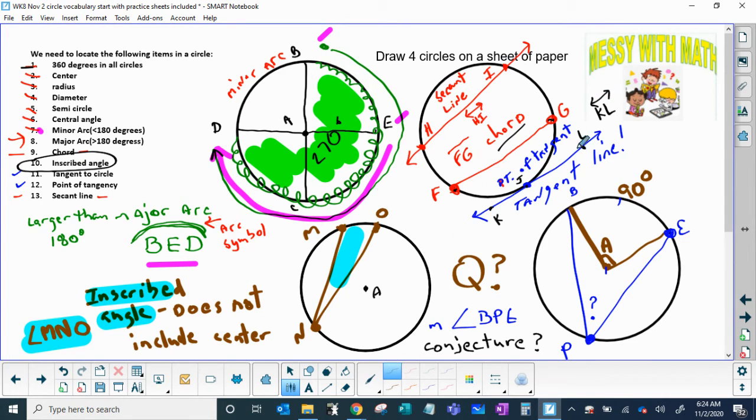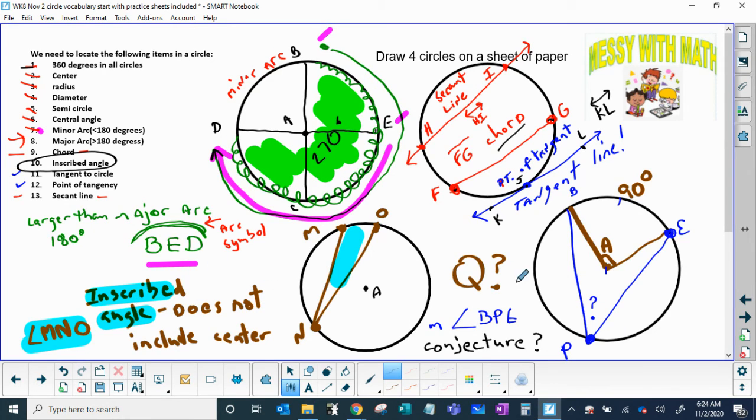We're almost done. The last item is inscribed angle. An inscribed angle does not include the center. So I drew MNO. Angle MNO, this thing in blue, represents an inscribed angle.